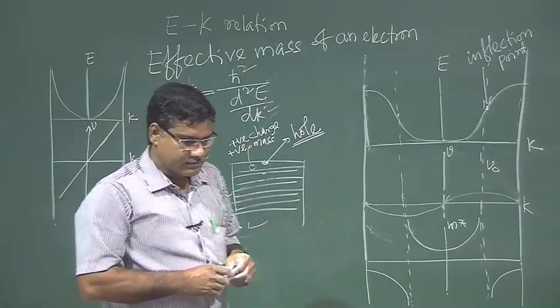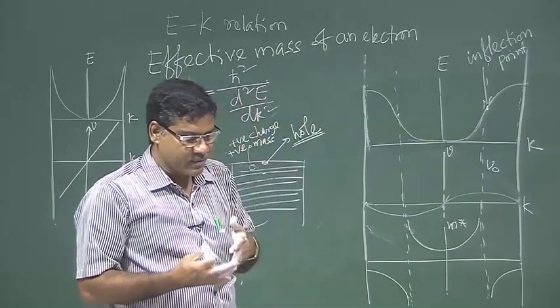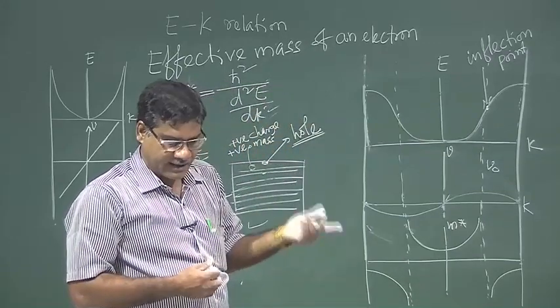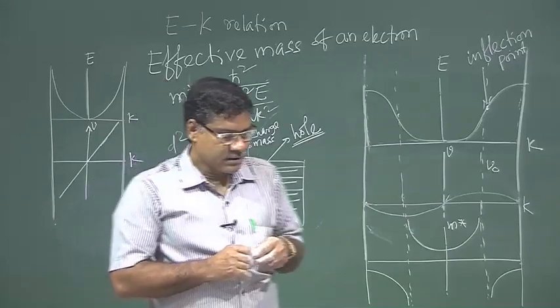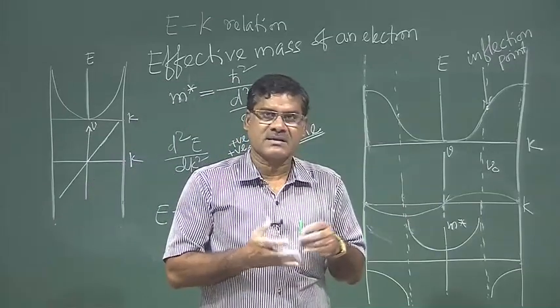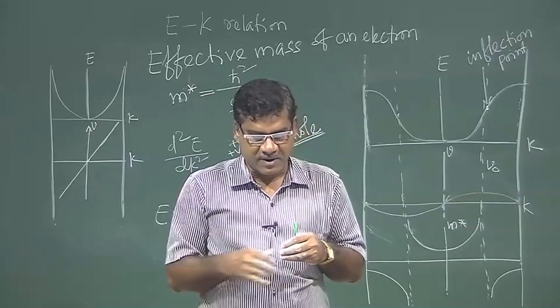And velocity and mass are quite different from the free electron. So, now I will stop here. Basically, using the band structure, you can classify different materials.